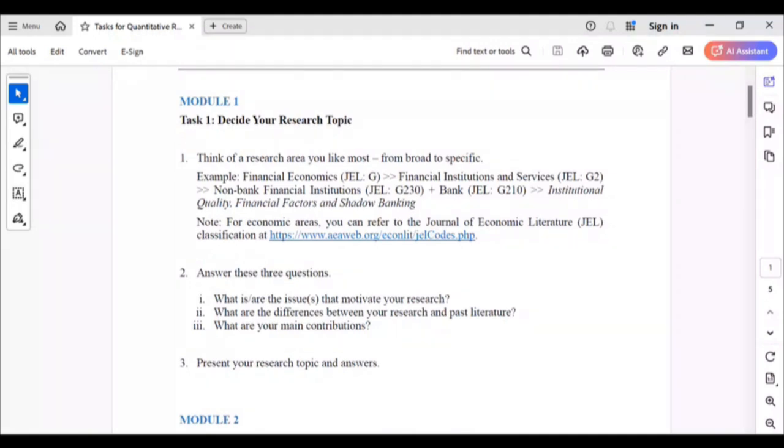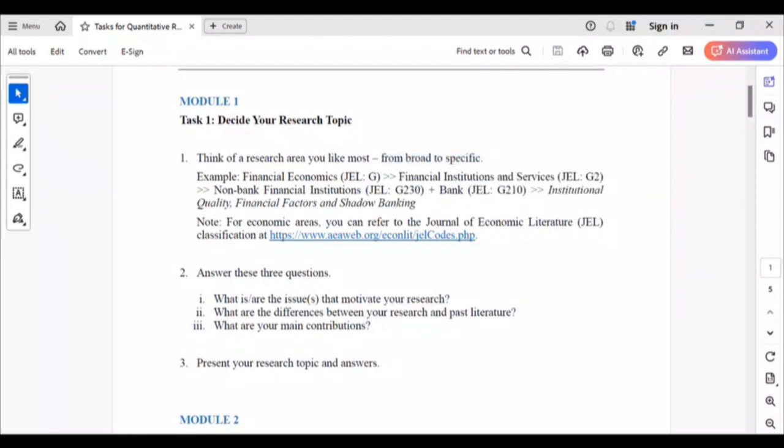As I mentioned just now, the two objectives of this training are, first, that you can start writing your thesis, or for those who don't have a title yet, you can start to have a title and then start writing your paper. If you want to think of a new title, you can usually go from broad to specific.